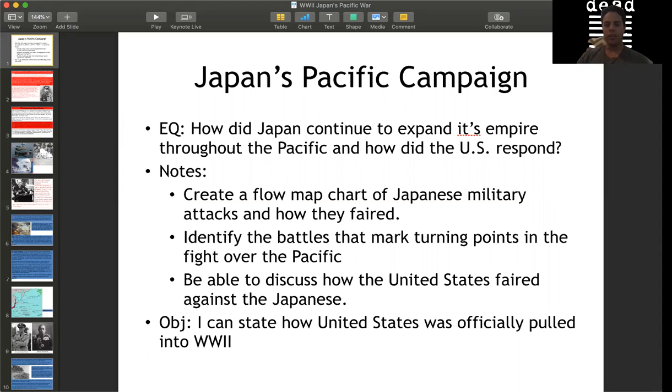I want you to identify particular battles that mark turning points in the fight over the Pacific. And then I also want you to be able to discuss how the United States fared against the Japanese attacks. Our objective, as I can state, is how the United States was officially pulled into World War II. Okay, if you are ready, then let's go ahead and get started.